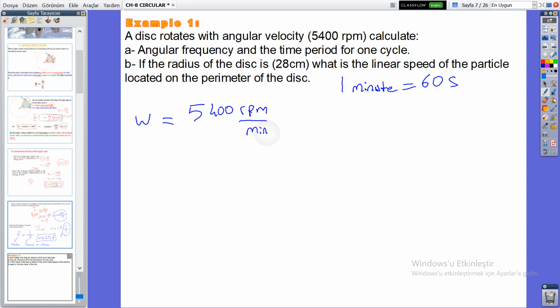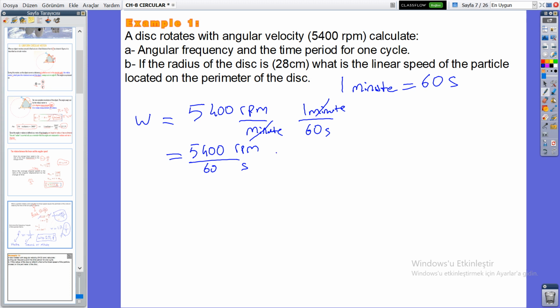Minute we can change to 1 minute over 60 seconds. Minute and minute are simplified, equals 5400 revolutions over 60 seconds.